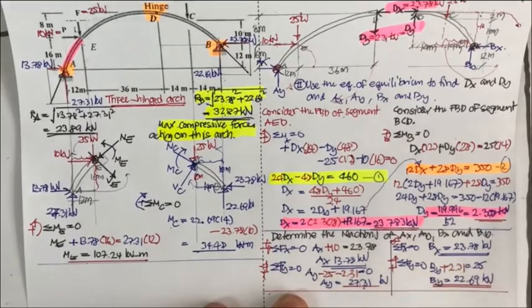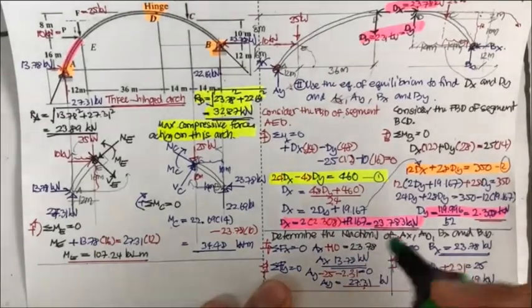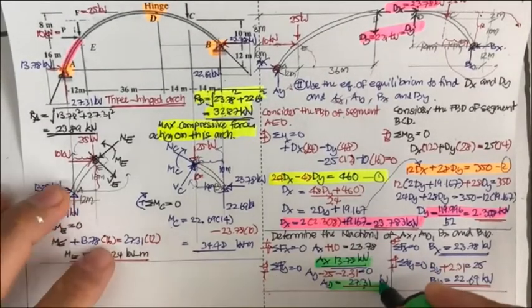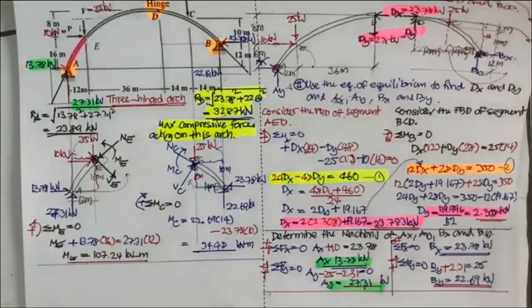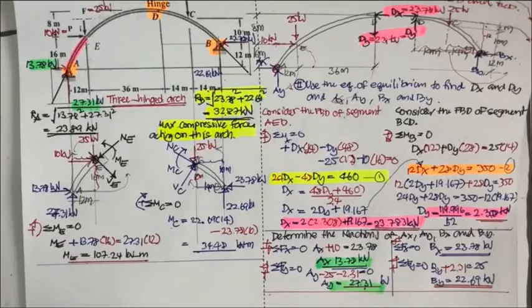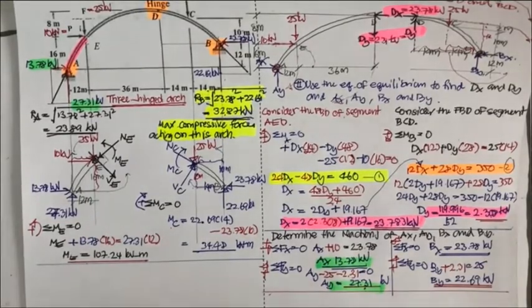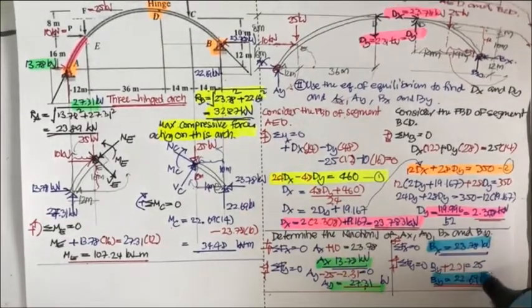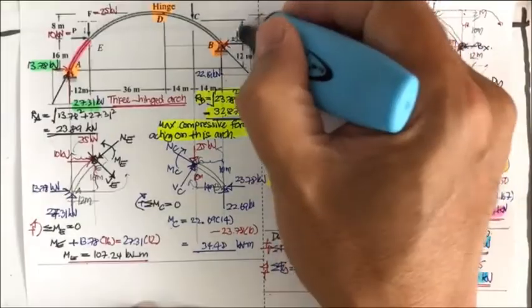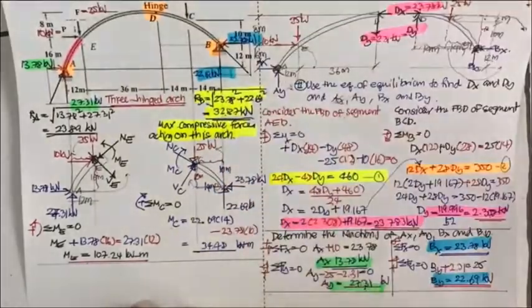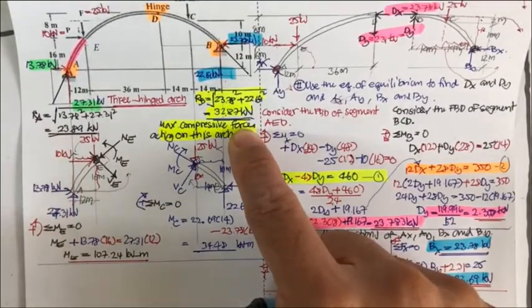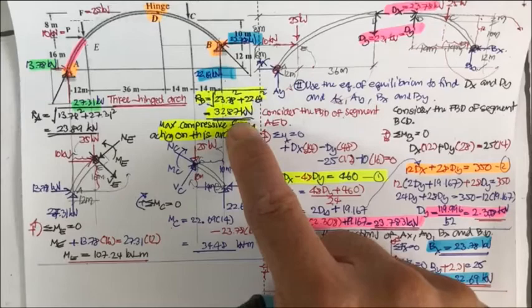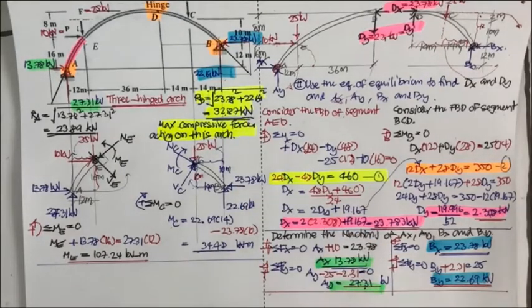From this problem, we got the reactions of a sub x and a sub y, and it also has this one for b sub x and b sub y, and then we determine the resultant force, and we find the maximum compressive force of 32.87 there.